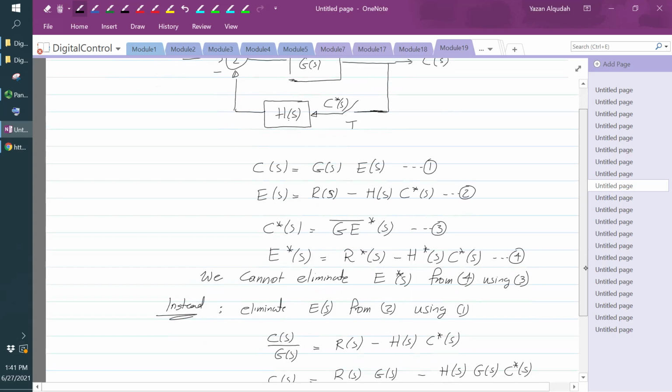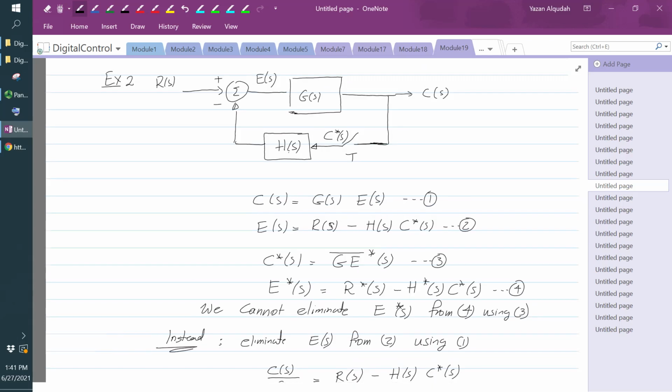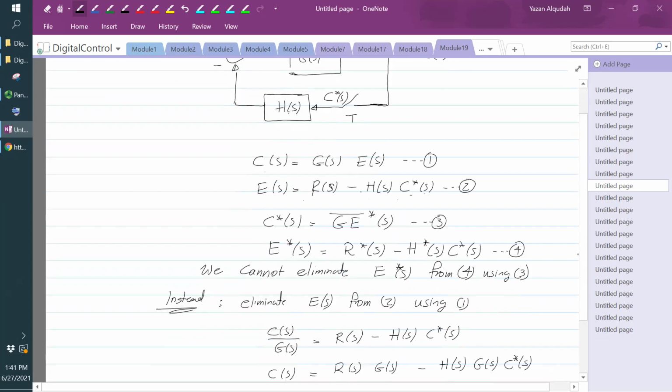So let's try to calculate the transfer function, starting with the output. C of S is equal to G multiplied by the error signal. This is equation 1. The error signal E of S is equal to R of S minus H multiplied by C star of S. This is the second equation. Now I'm going to take the star transform of equation 1.